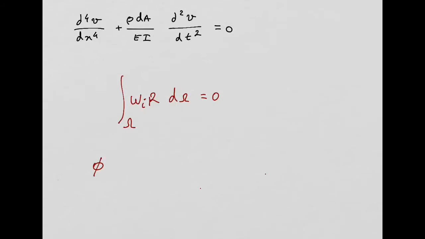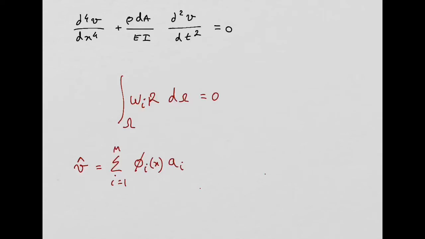Basically we said that instead of having an exact solution V, we had an approximate solution in this form, which is a summation of the product of shape functions, which will depend on the coordinate x of your beam, times unknown coefficients a_i.